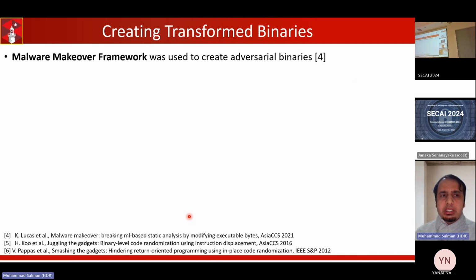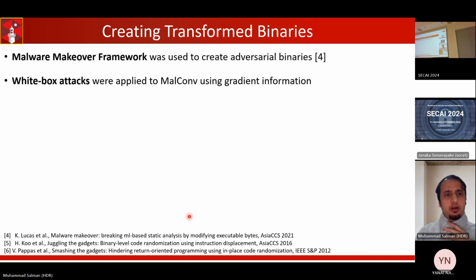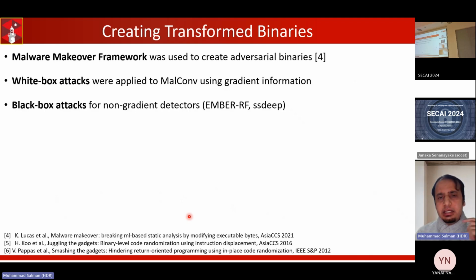The private version is quite effective in generating adversarial binaries against a target model. We launch white box attacks with the help of Malware Makeover against the MalConv model using its gradient information. For non-gradient detectors like EMBER RF and SSD, we use black box attacks to generate adversarial binaries.